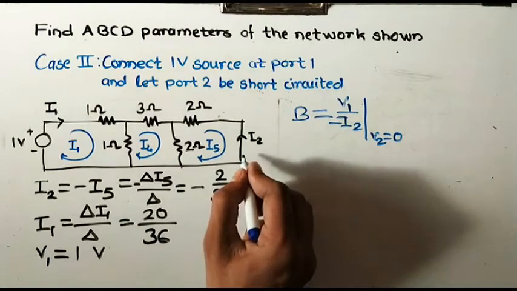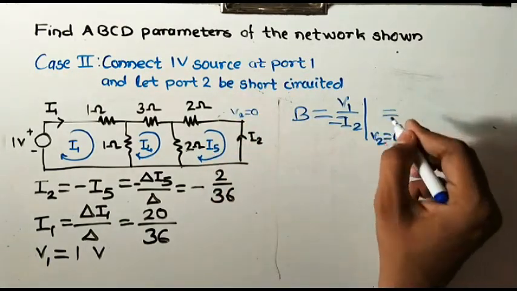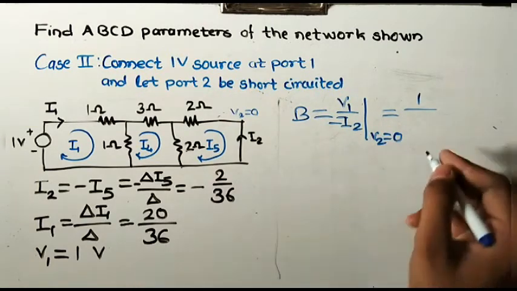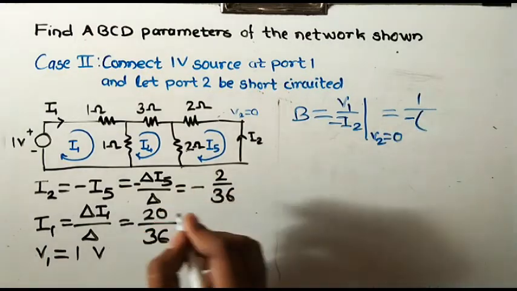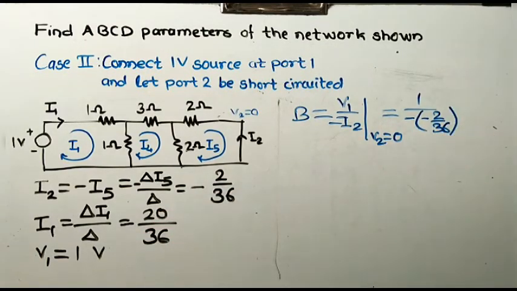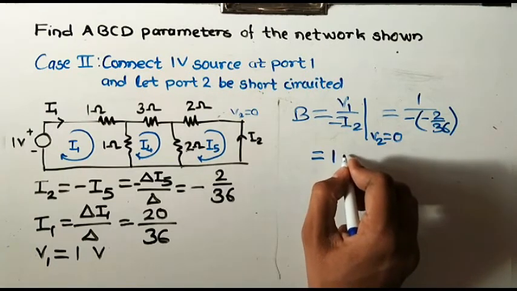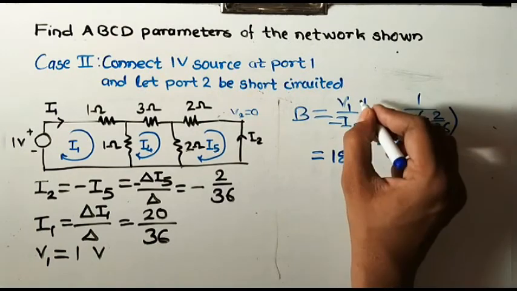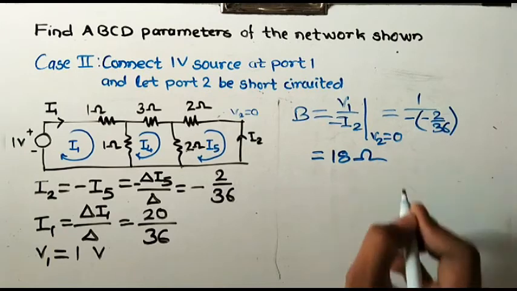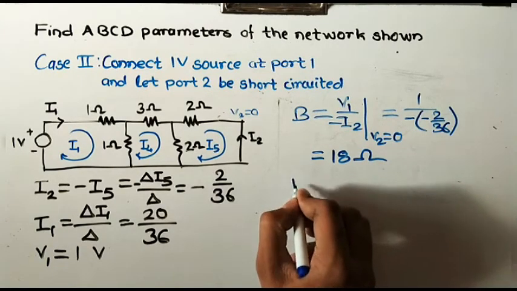V2 equal to 0 means, as we have short circuited this port, V2 is equal to 0. Now V1 is equal to 1 volt, and minus times minus I2 is nothing but plus I2, and it is equal to 18. Now it is V upon I, that is nothing but a resistance, so its unit is ohm. So B is equal to 18 ohm.